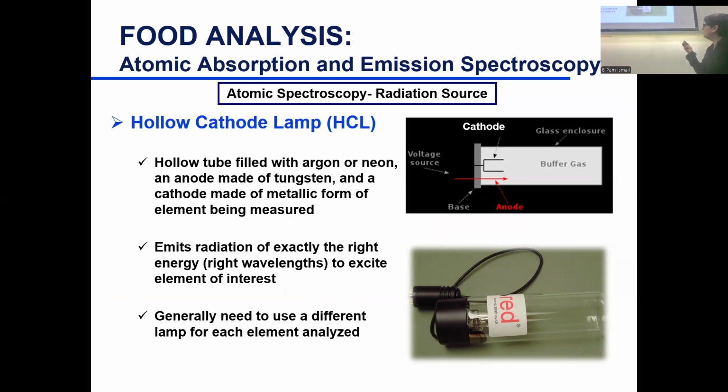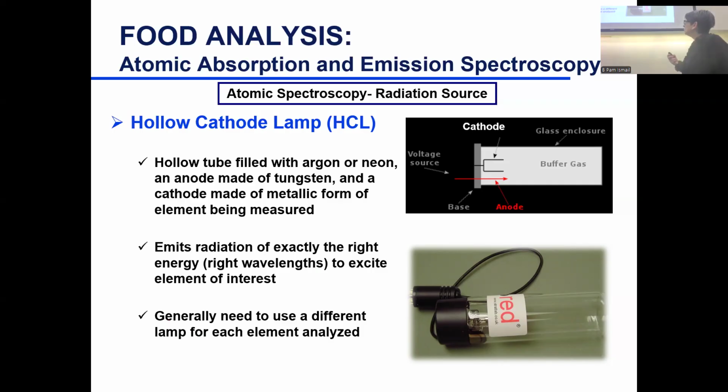The hollow cathode lamp has an interior filled with an inert gas like argon, and then you have an anode that carries a voltage. So it's a voltage source, and then you have a cathode that is made up of the metallic form of the element. If you're measuring calcium, then the cathode is made up of the metallic form of calcium. You're measuring iron, and the cathode is made up of the metallic form of iron.